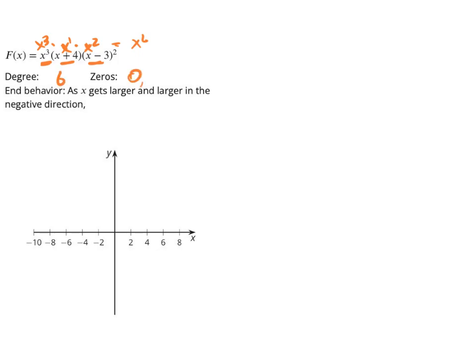Our zeros: x cubed equals 0, x plus 4 equals 0, and x minus 3 squared equals 0. So that's how we get 3 zeros or 3 factors. We get negative 4, 0, and positive 3.